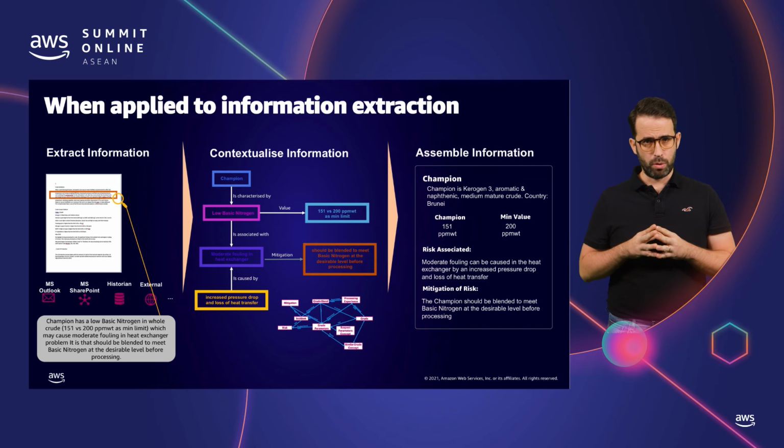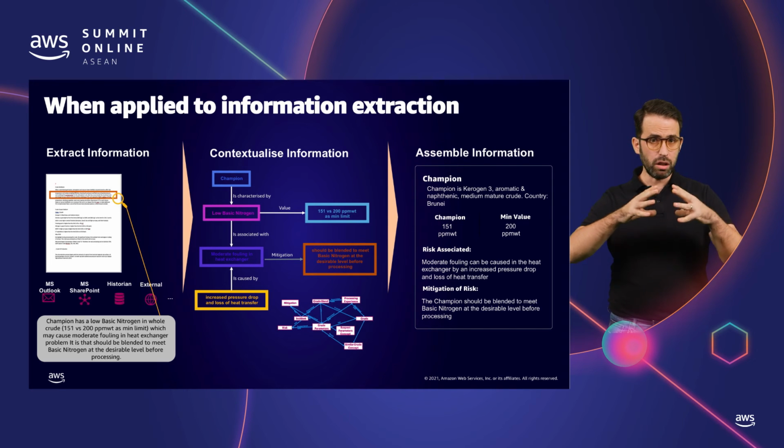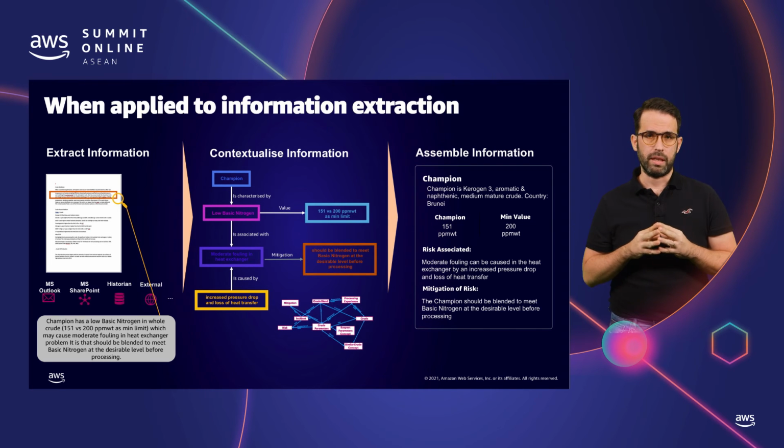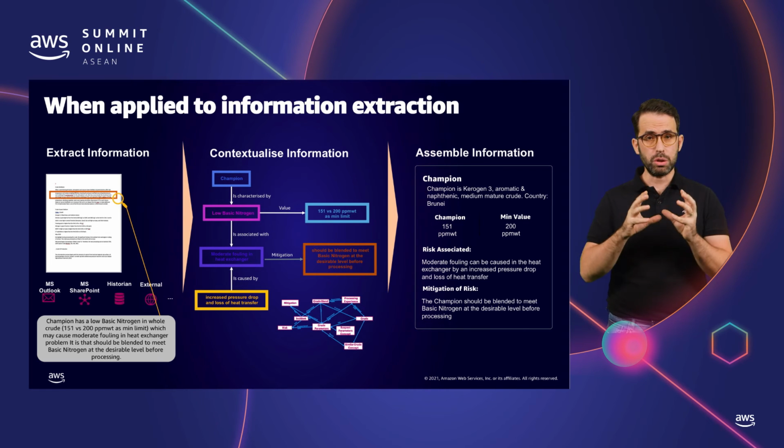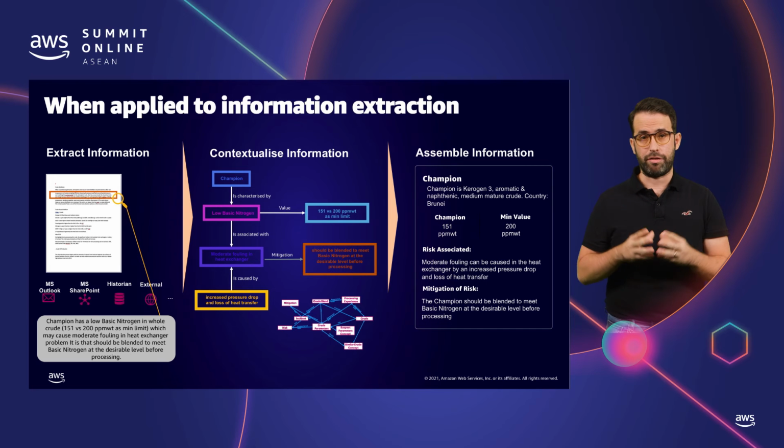Our first step, once the information is extracted from the document, is to contextualize the information using our business representation, or our taxonomy. It enables us to detect the different parts and entities composing our paragraph and structure the information into our knowledge graph.